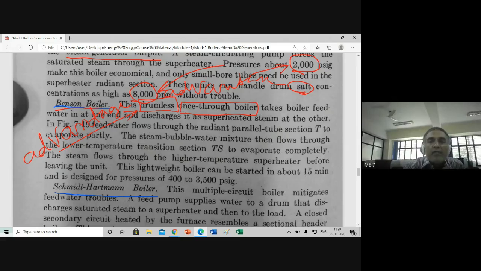It is drumless. That is an advantage. It takes boiler feed water in at one end and discharges it as superheated steam at the other end. That is the advantage.